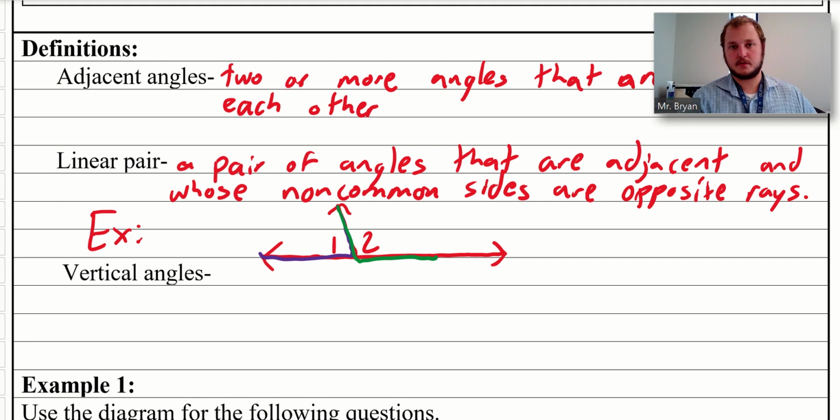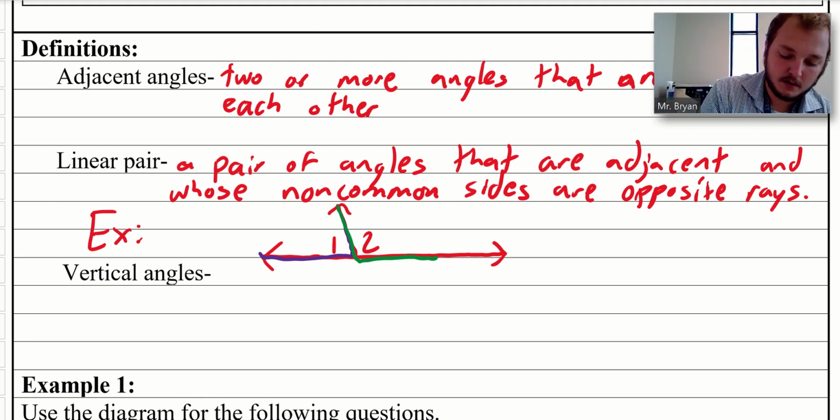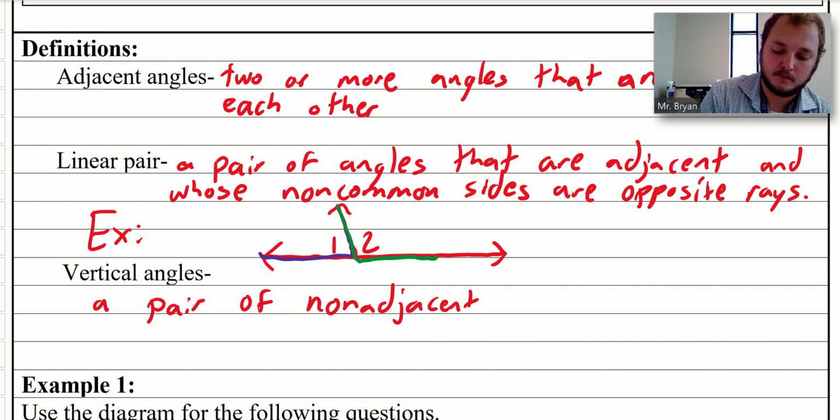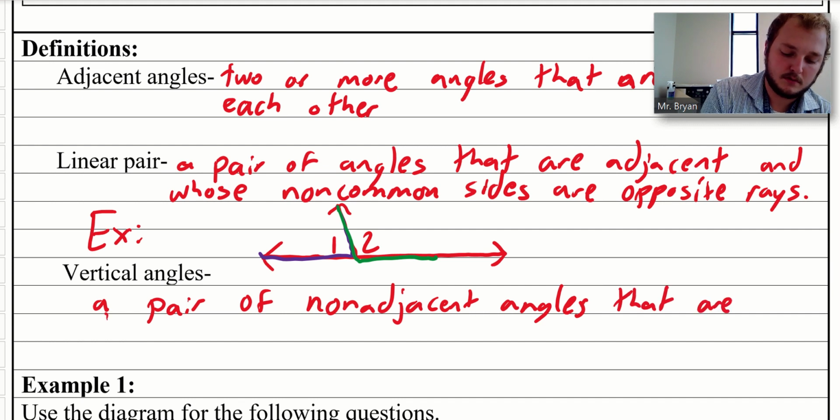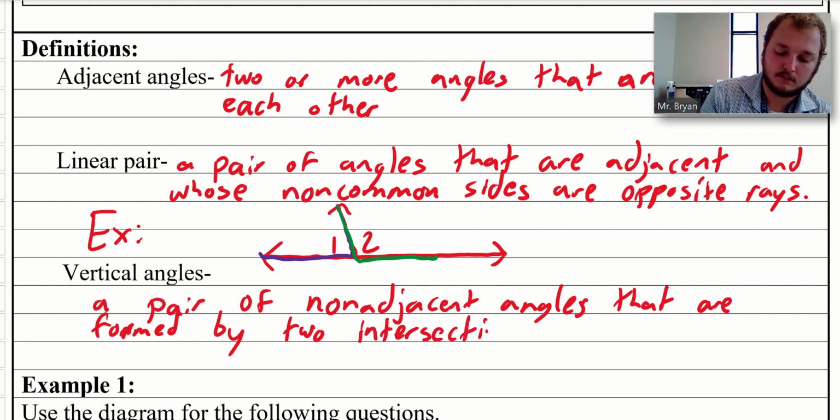Vertical angles are, and I'll write this down here, a pair of angles, or let me get more technical, a pair of non-adjacent angles that are formed by two intersecting lines.